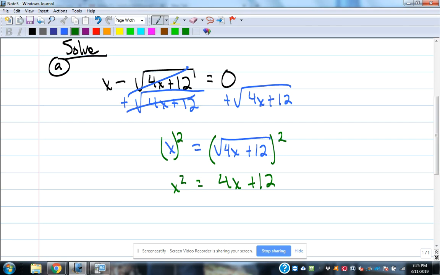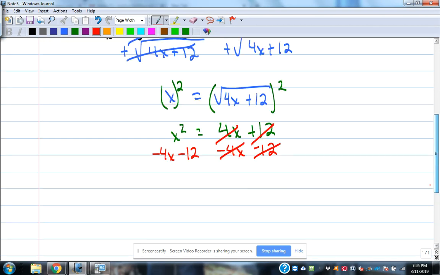In order to use factoring or the quadratic formula, we've got to have that thing equal to what? 0. Okay, so we're going to get that equal to 0. I'm going to subtract 4x and subtract 12. I'm just going to do that in one step so that I get a 0 on that side. x squared minus 4x minus 12.